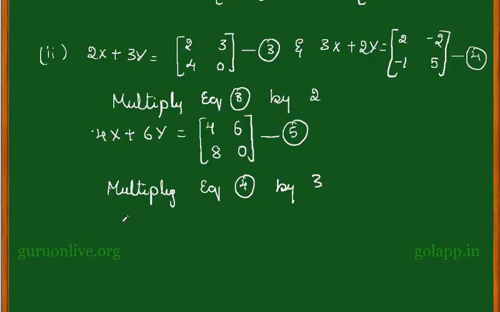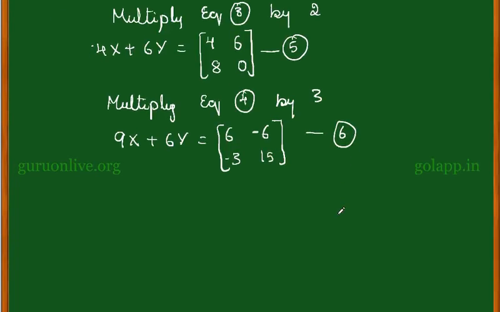So I get LHS as 3 3s are 9, x plus 3 2s are 6, y, which is equal to, so I have to multiply 3 to the matrix. So I get 3 2s are 6, 3 2s are 6 again, so I get minus 6. I have 3 into minus 1, which is minus 3, and 3 into 5 is 15. I call this as equation 6.